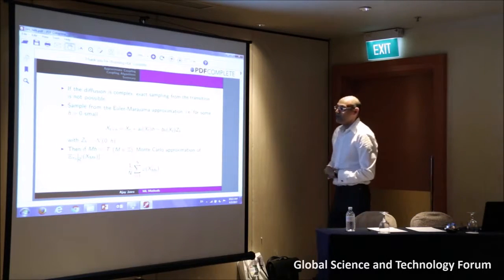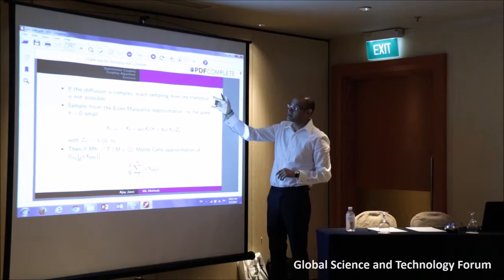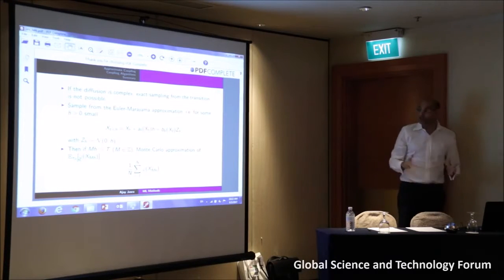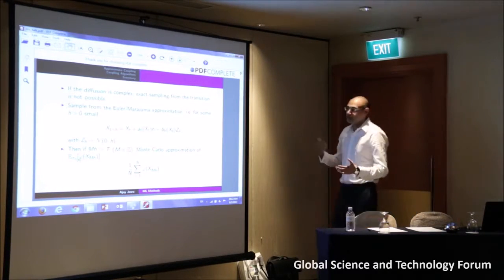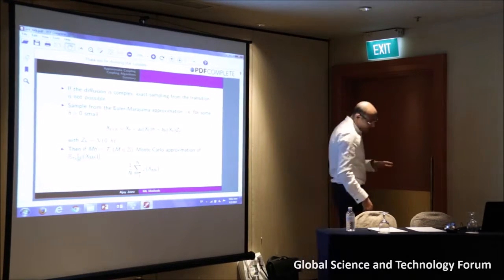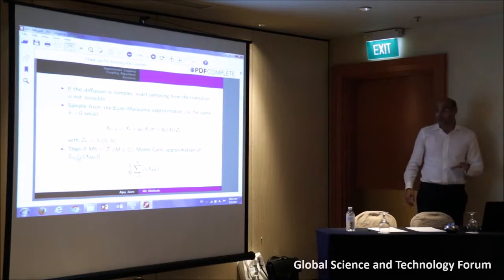But if the diffusion is sufficiently complex, exact sampling from this distribution of X capital T is not possible. But there are ways to approximate this process.